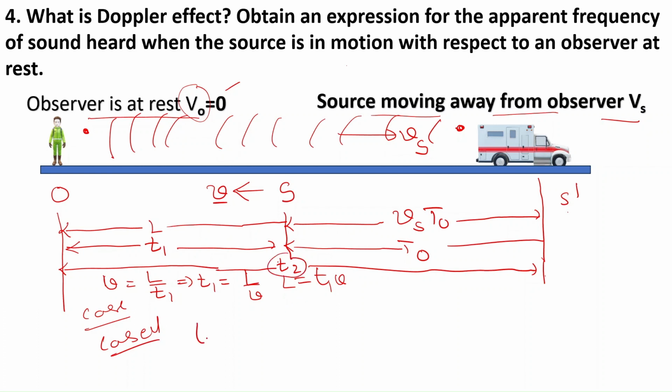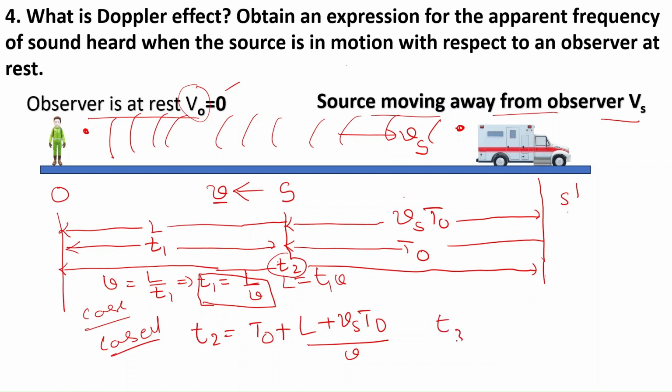Then t2 is equal to t0 plus the length Vs t0 divided by the velocity of sound V. Therefore t1 is equal to L by V, and t2 is equal to L plus Vs t0 by V.